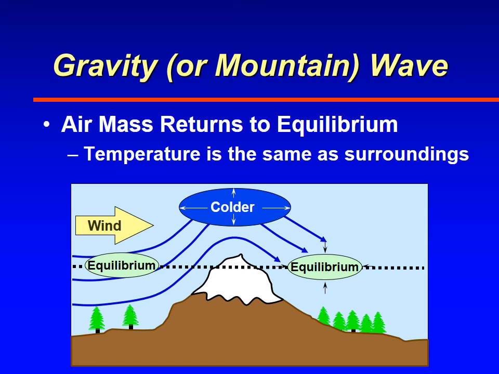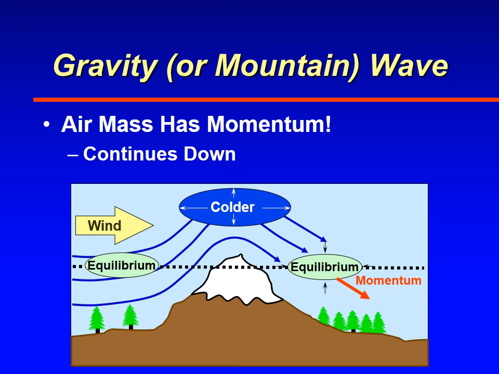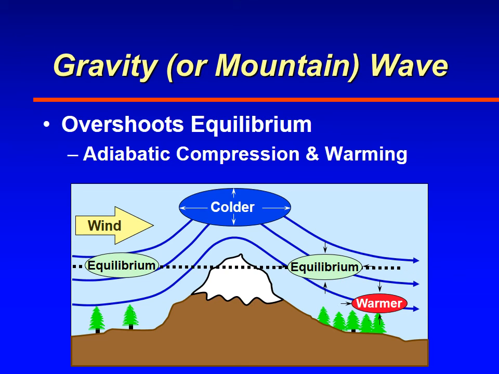Finally, the air, as it sinks, will heat through compression as it sinks through the atmosphere, and it finally reaches the point where it has the same temperature as it began. We call that its equilibrium position. But the air has momentum, and it continues its downward trajectory until it compresses even more and becomes warmer than the surroundings.